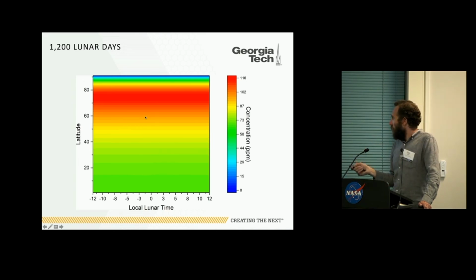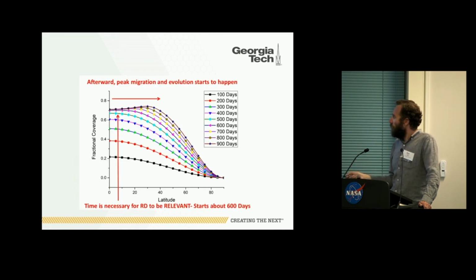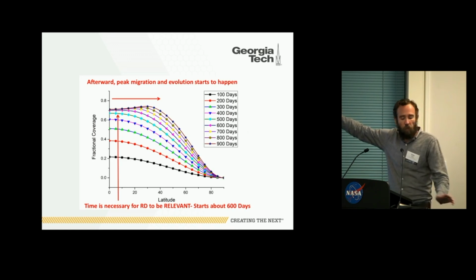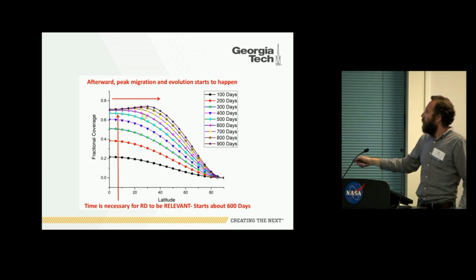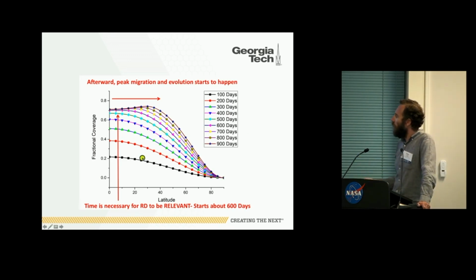And if we take some slices to look at what's happening here, this is the fractional coverage as a function of latitude, with each line representing different simulation days. So this is what you would expect if the MOH did not leave. However, after a certain amount of time, the surface coverage reaches a point where the activation energy is low enough that recombinative desorption does happen.